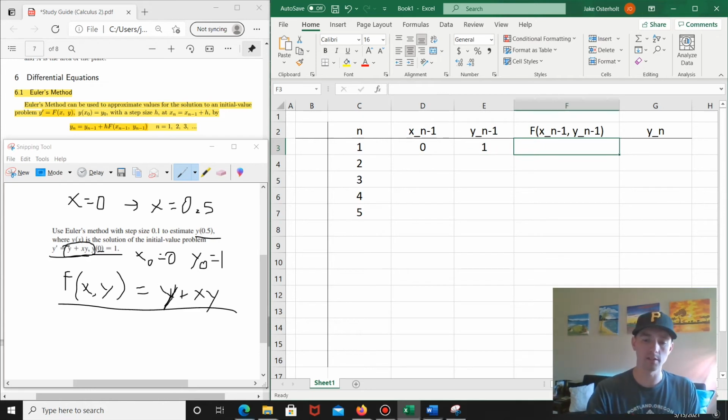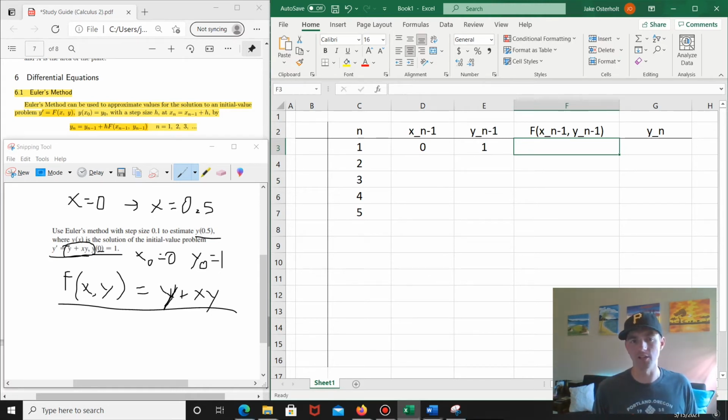To do that in Excel, all we have to do is click on this rectangle here. Keep in mind, you can use this method with Google Sheets also. Really any spreadsheet software should work pretty much the same. I know these formulas do work in Google Sheets.